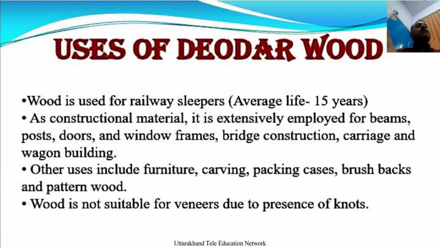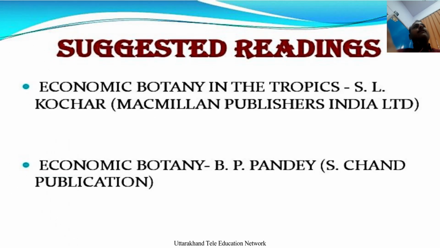So these were important characteristic features and uses of these 5 timber yielding plants, and out of these 5, 3 were from angiosperms and 2 were gymnosperms. We have discussed different aspects of wood. What is timber? What is wood?